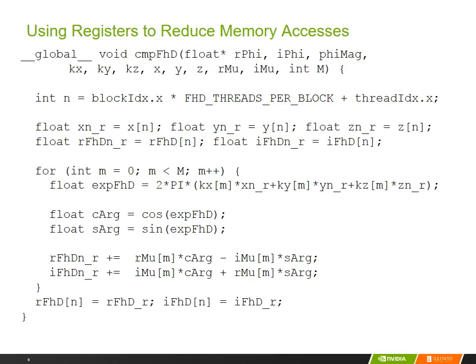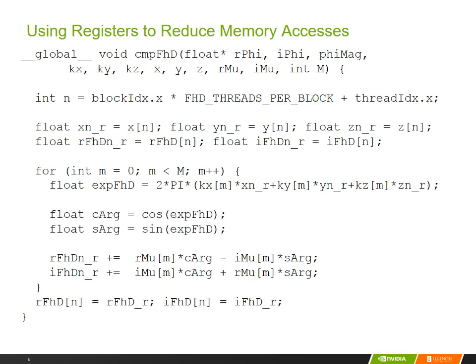Then when we enter the innermost loop, we iterate through M. Notice that the X, Y, Z elements are now accessed from the xn_r, yn_r, and zn_r automatic variables. So these accesses are going to be made out of registers.